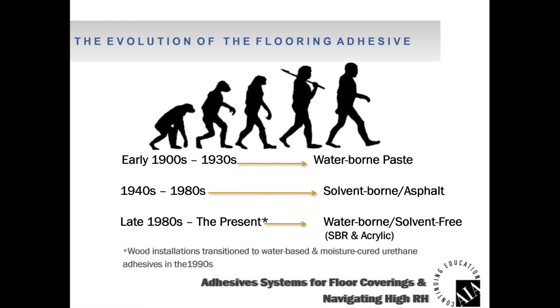So let's take a look at the evolution of flooring adhesive, just to have you understand where we started and how we got to where we are today. You go back into the early 1900s and there were waterborne pastes out there on the market. Move into the 40s through the 80s and you saw the solvent-borne adhesives, typically an asphalt base. Solvent is the carrier.